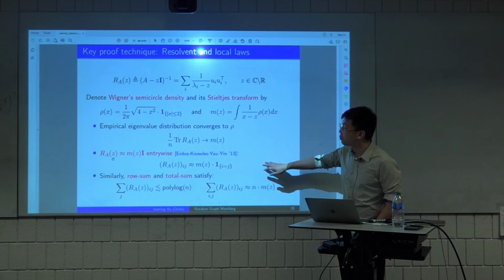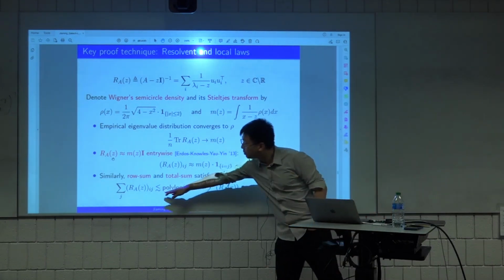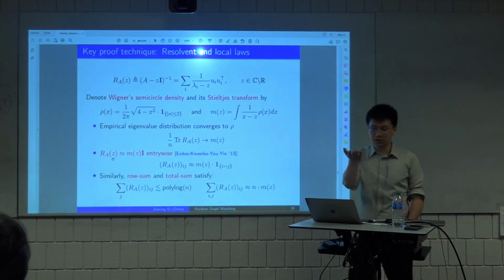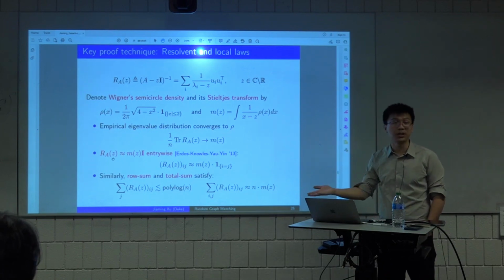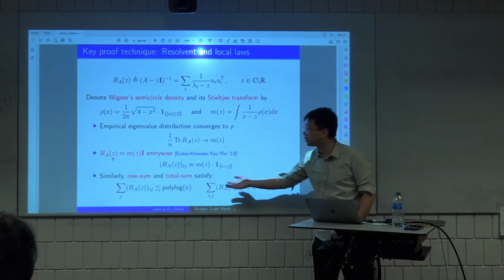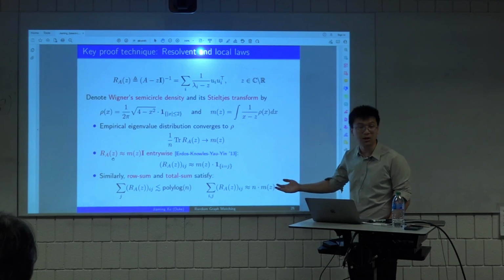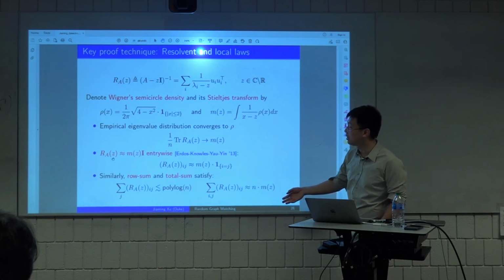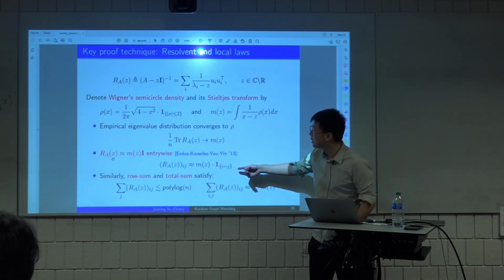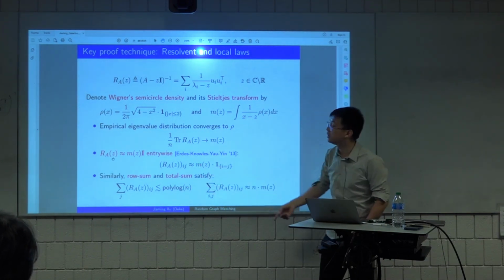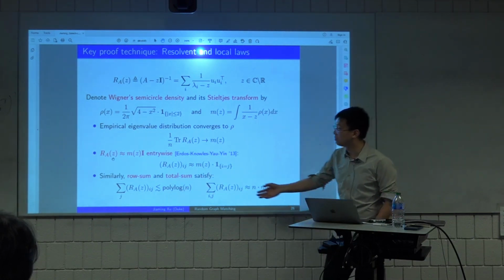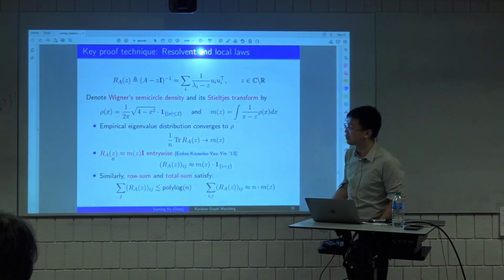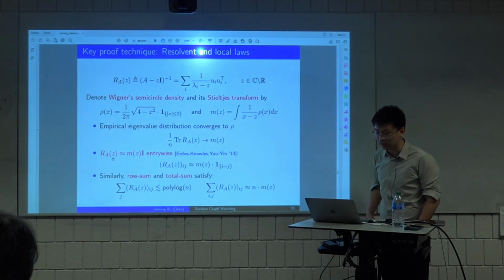Similarly, you can also bound some other properties of this resolvent. For example, you can look at a particular row and look at the row sum. You can show the row sum is actually not that large; it's bounded by polylog n. If you take the row sum of m(z) times identity, you should get m(z) roughly, but here it's a little bit looser, saying the row sum is upper bounded by polylog n.